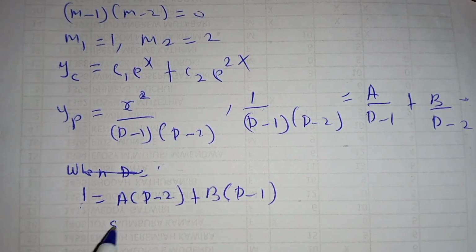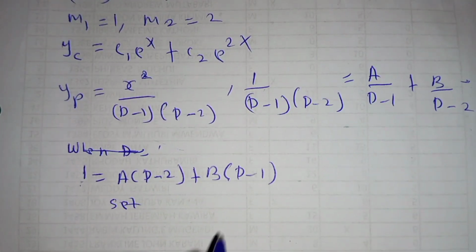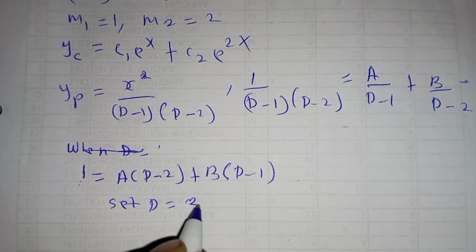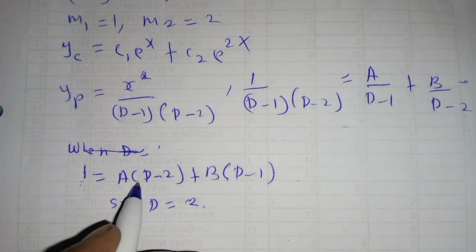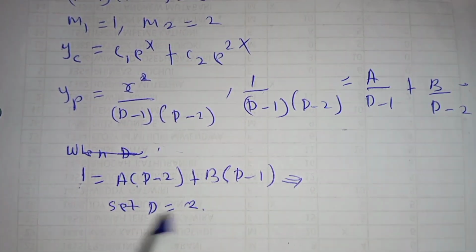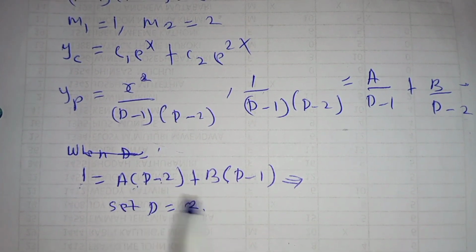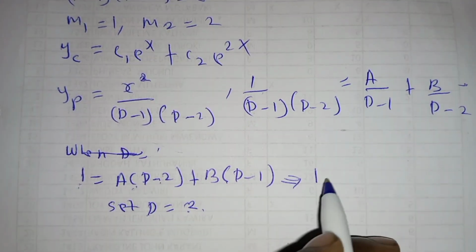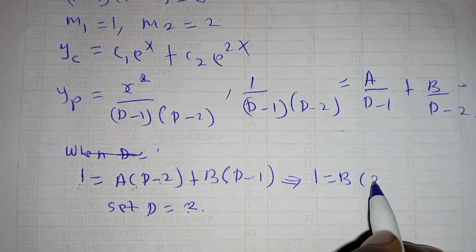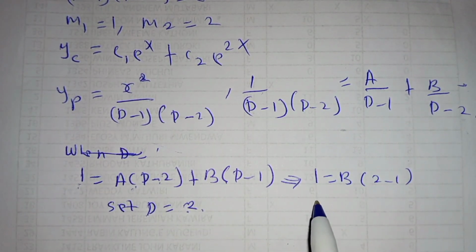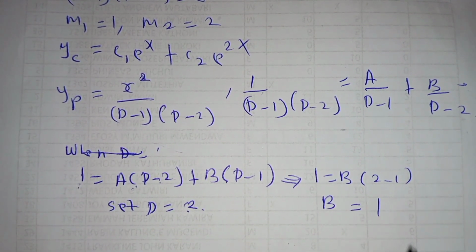So we set D equal to 2. So when D is equal to 2, A will be 0, so that here we will be having 1 is equal to B(2 - 1), meaning that B is equal to 1.